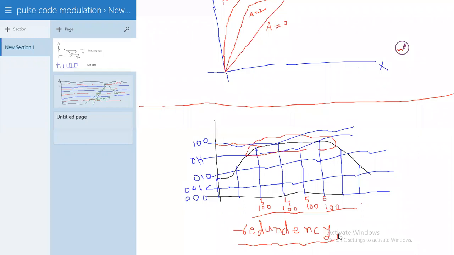That means if you transmit the first 3, you need not transmit the 4th, 5th and 6th symbols, because they have the same values, the same symbols, 1 0 0. So without transmitting the 4th, 5th and 6th symbols, we can retrieve the same values for 4, 5, 6 also from the previous value. This type of modulation is called differential pulse code modulation.